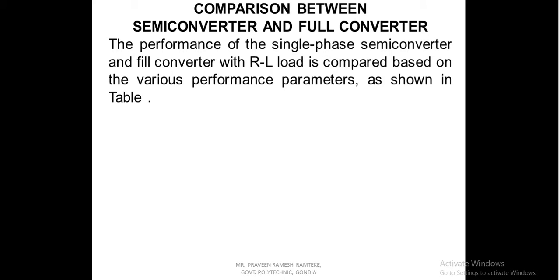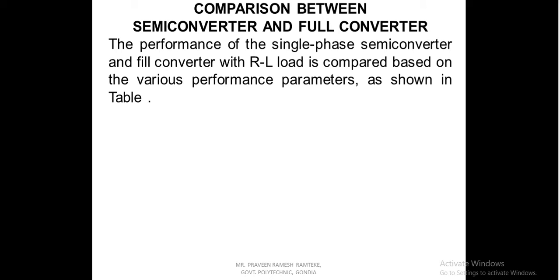Semi-converters means half controlled rectifiers, and full converter means full wave controlled rectifiers. The semiconverters use diodes as well as SCRs for the operation, but the full converters use only silicon controlled rectifiers, that is SCRs, for their operation.